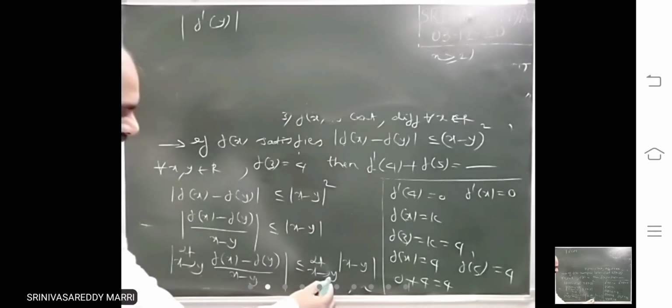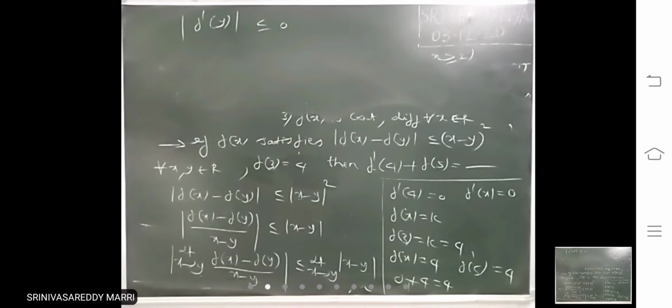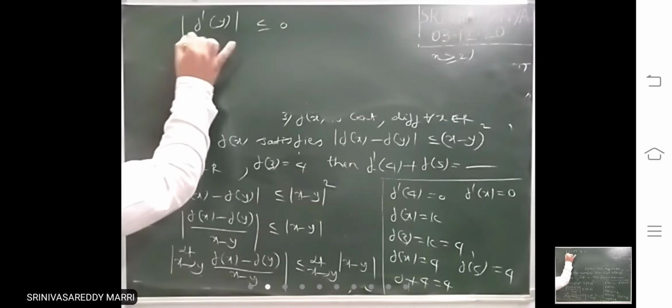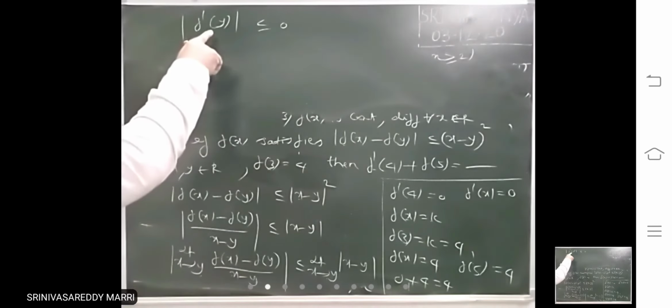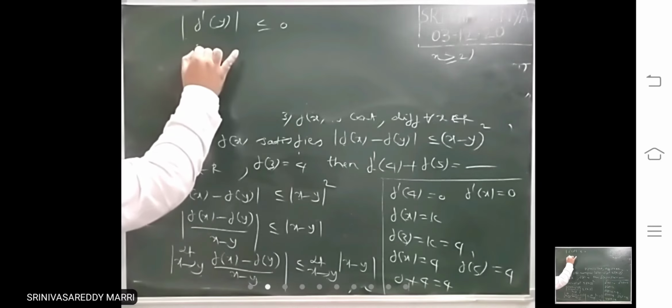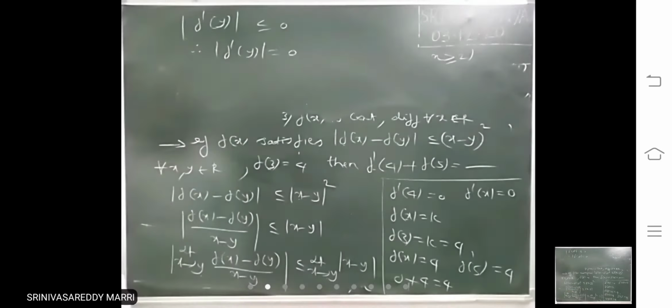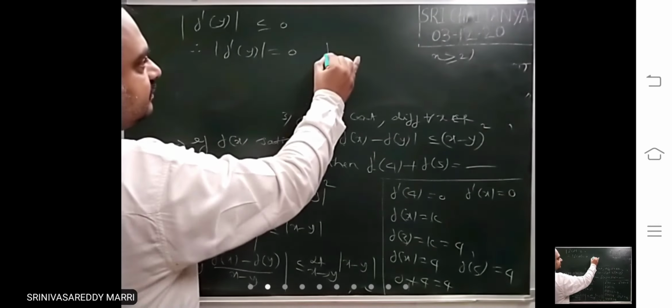If you substitute x equal to y, the right side will become 0. Modulus f dash y is less than or equal to 0. But the left hand side is a modulus, and a modulus cannot be negative. So definitely that modulus must be 0.